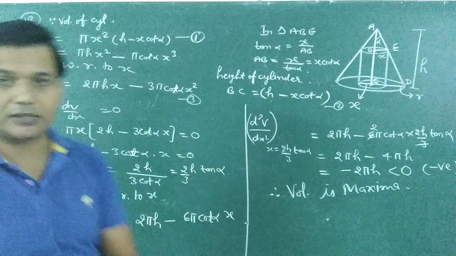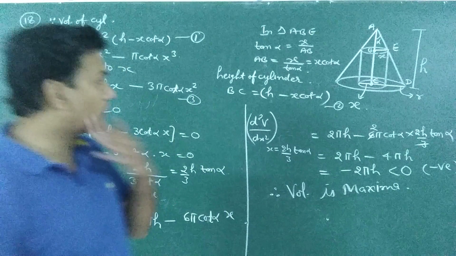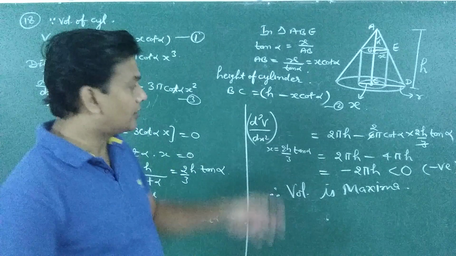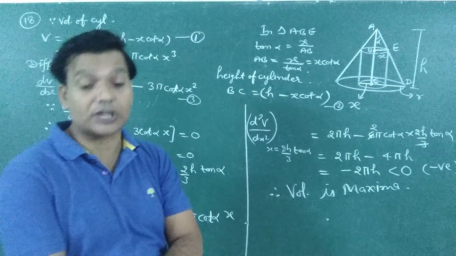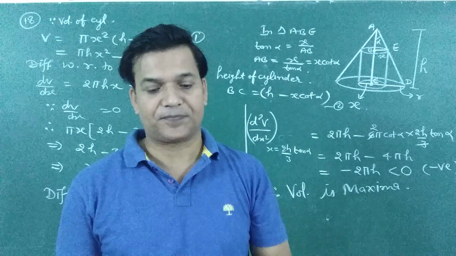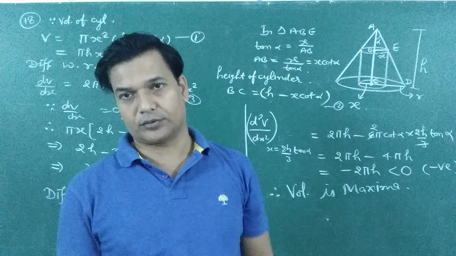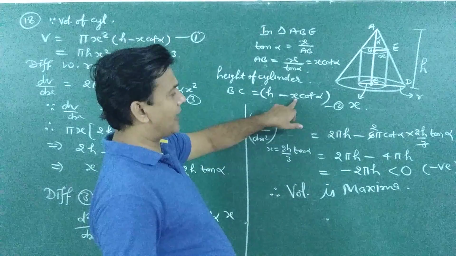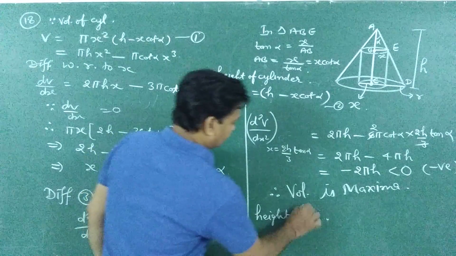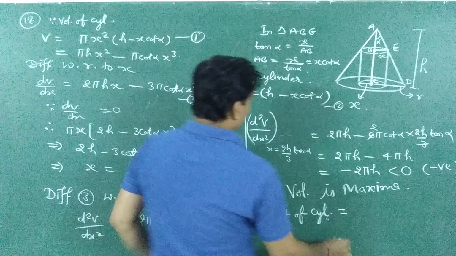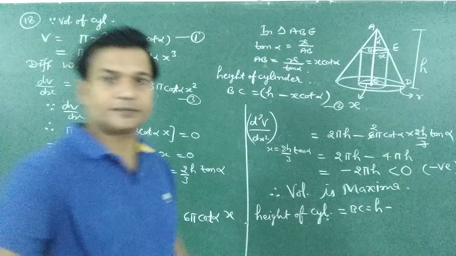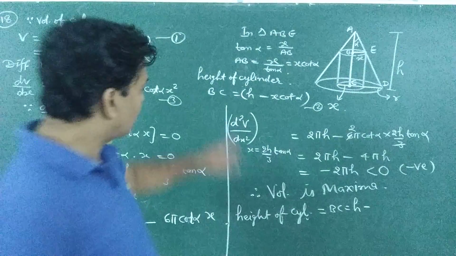If volume is maximum, then now we have to find out the height. We have to find this also now. So let's find the height of the cylinder. According to the question, the height of this cylinder should be 1/3 of the cone. So let's see, substitute the value of x here. Height of cylinder BC, which is h minus x.